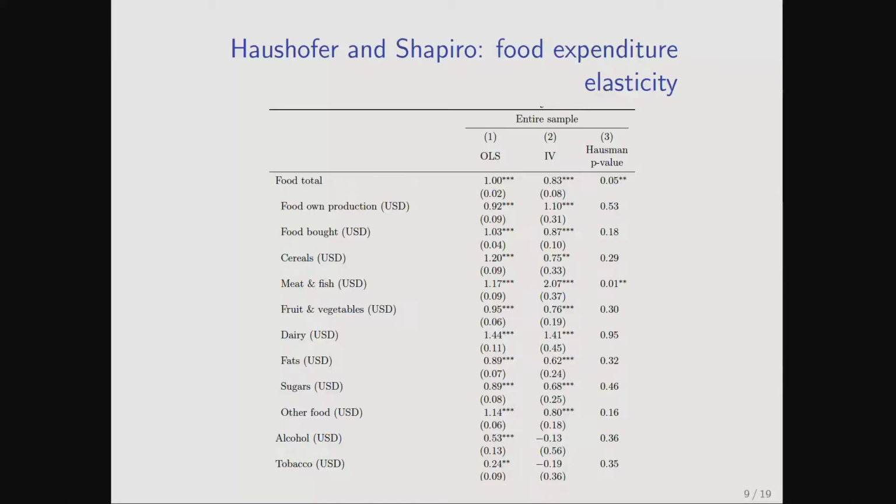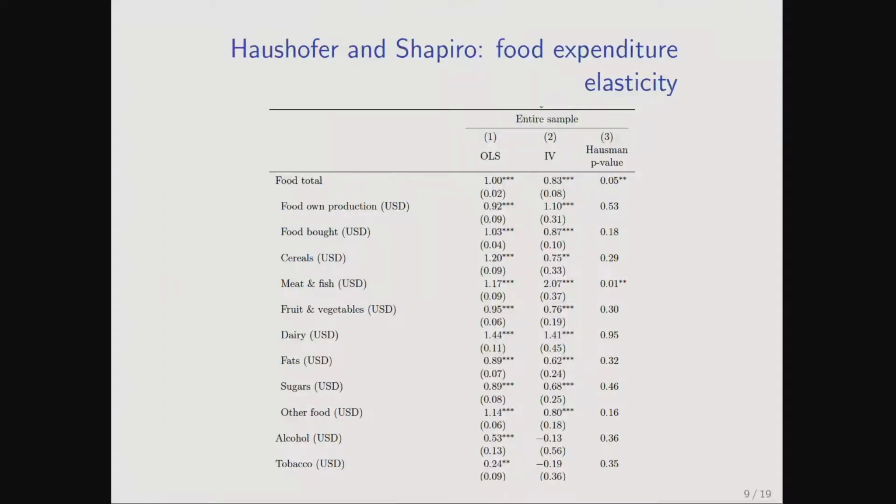So the OLS elasticity is the equivalent of the descriptive work in Deaton-Subramanian. And then the IV elasticity, think of it as the ratio of the proportional increase in food consumption to the proportional increase in overall non-durable consumption. And now you get very similar results, and elasticities of food consumption are at about 1.8.